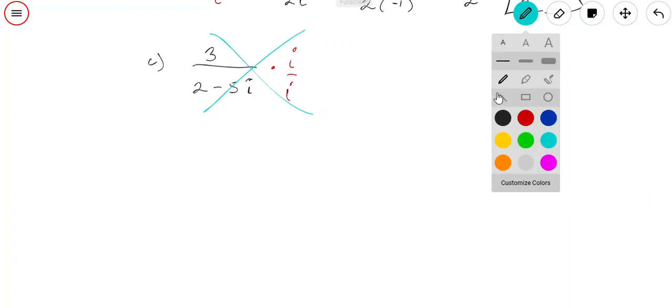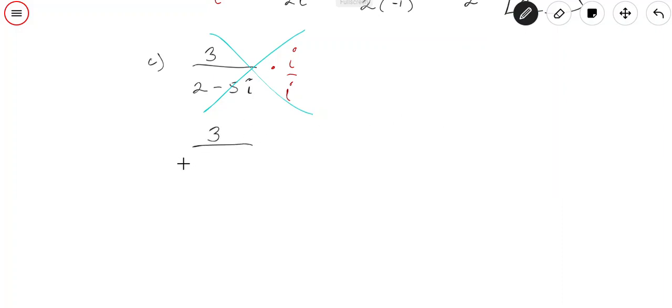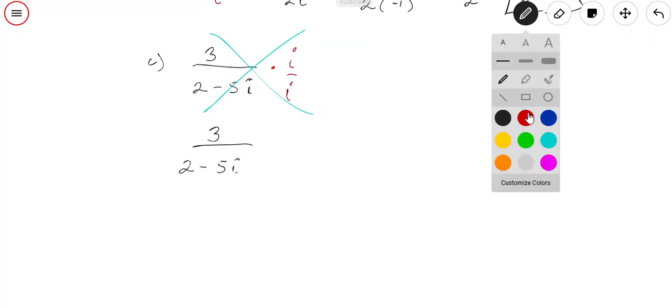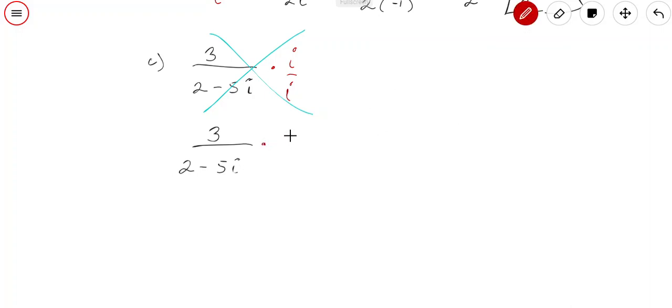So basically what I have to do in this case is to say 3 over 2 minus 5i times, and then I'm going to multiply the numerator and the denominator by the complex conjugate of the denominator. So I'm going to say 2 plus 5i over 2 plus 5i.